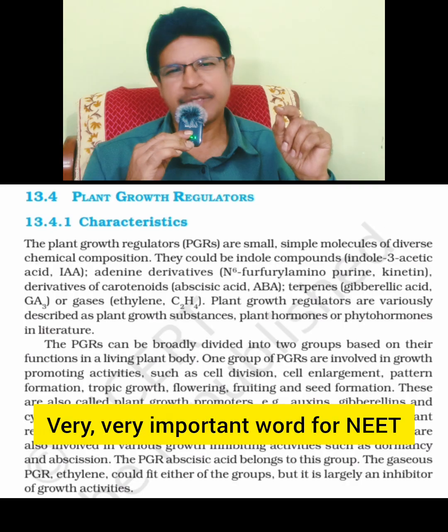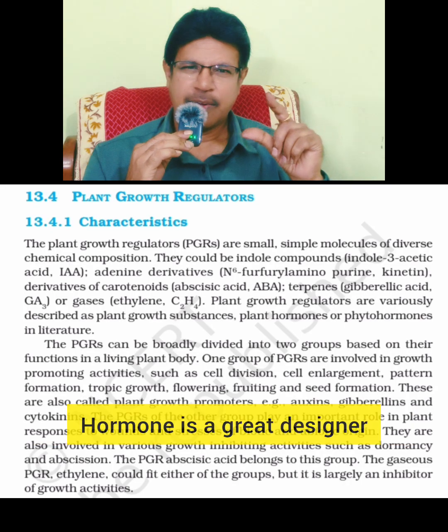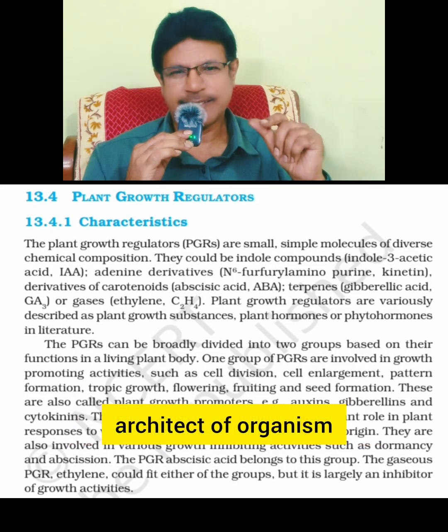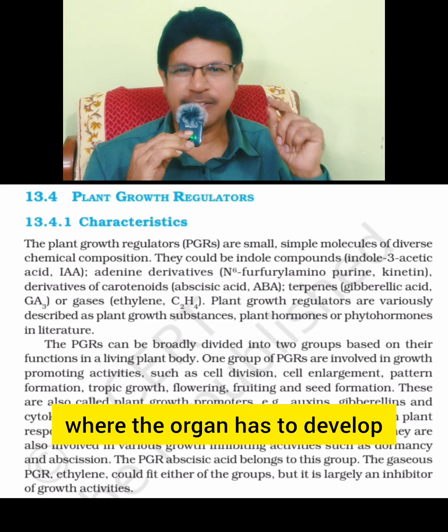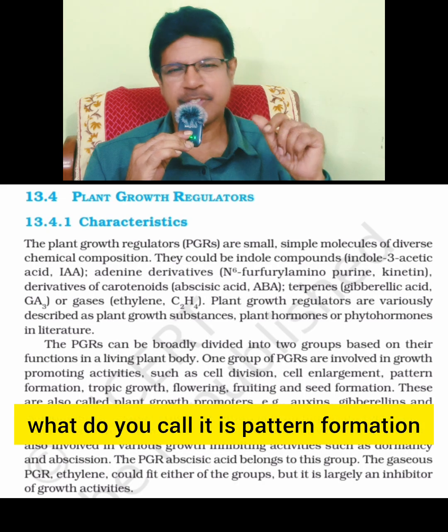Very, very important word for NEET, pattern formation. Hormone is a great designer, architect of the organism, because the hormone decides when, how, where the organ has to develop. Such a wording, what do you call it? It is pattern formation.